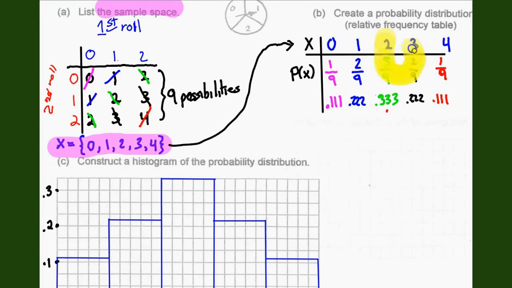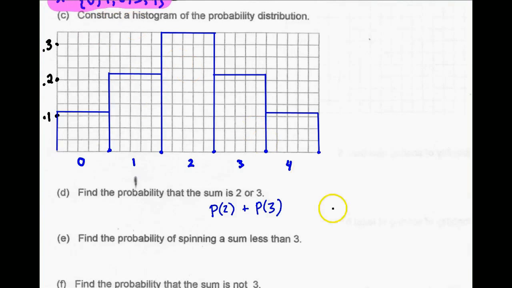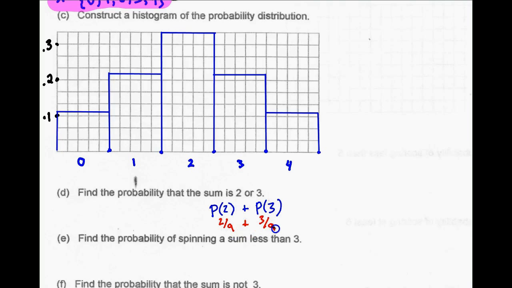So 2 and 3, we're just adding those together. We have 3 over 9 and 2 over 9. So 5 over 9, right? 2 over 9 plus 3 over 9 equals 5 over 9.